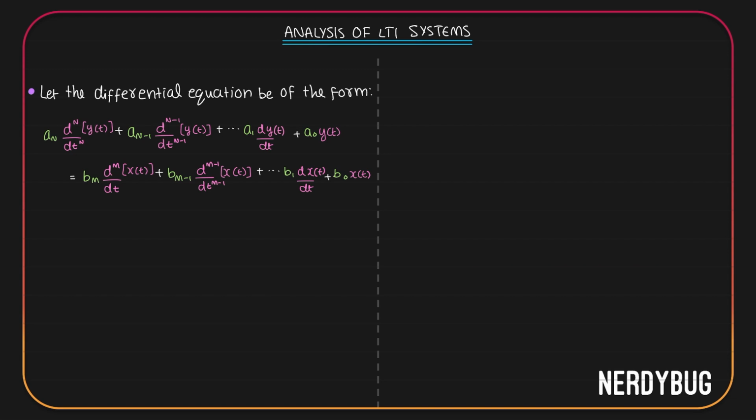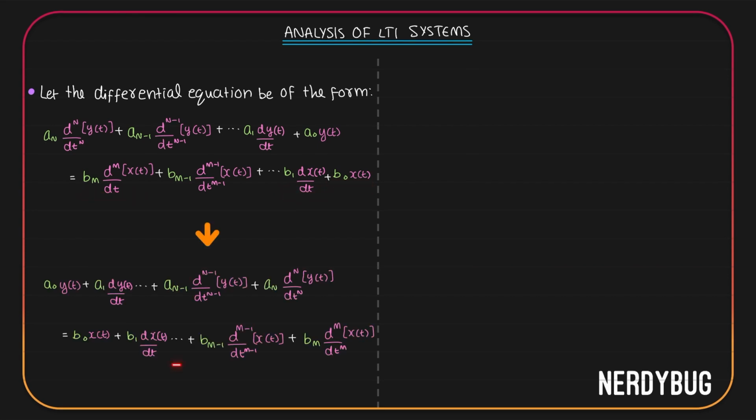I am going to change the order of these terms. I'll write a0 y of t first and then this one, and then at last this one on the left hand side. On the right hand side, I'll write this one first and then this one and finally this one. So it will look like this. Let us try to write this as a summation.